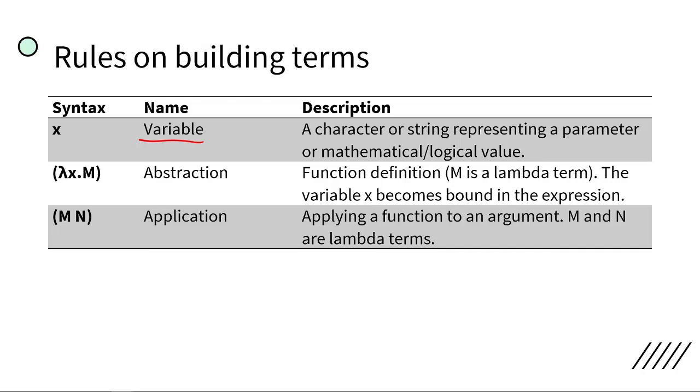Okay. Next, we have abstraction. So abstraction is the function definition. Okay. The variable x becomes bound in the expression. So basically, ang abstraction kay muna na siya ang functions sa imong program. Like for example, sa Python nga program, def foo.